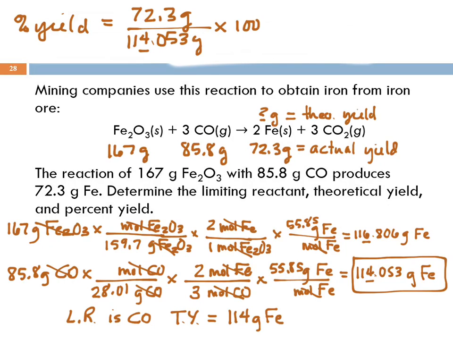Times 100. What happens to the units there? They cancel out. Grams over grams cancels out. That generally happens in a percentage. If it doesn't, you're not doing it right. So 72.3 divided by 114.053 times 100.